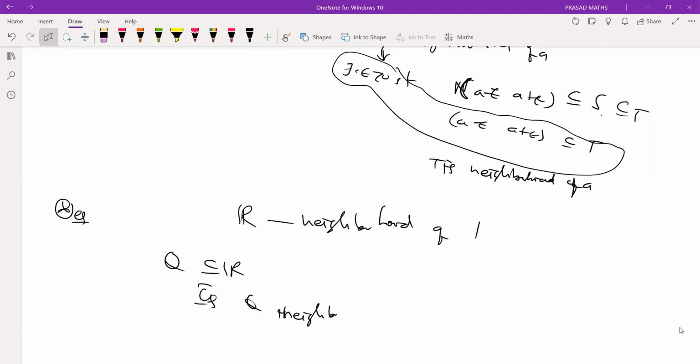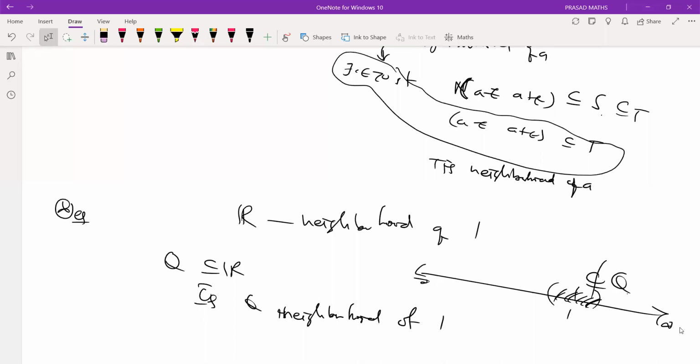No, right? Because any neighborhood of 1 is not inside the set, as it contains so many irrational numbers. So there exists at least one subset of R which is not a neighborhood of 1. So a subset of a neighborhood may not be a neighborhood of that point.